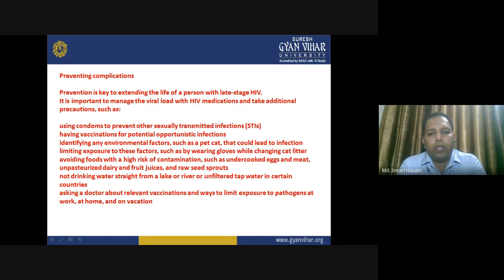With late stage HIV, it is important to manage the viral load with HIV medications and take additional precautions such as using condoms to prevent other STIs or STDs, having vaccinations for potential opportunistic infections, identifying any environmental factors such as a pet cat that could lead to infection, limiting exposure to these factors, such as by wearing gloves while changing cat litter, avoiding foods with a high risk of contamination, such as undercooked eggs and meat, unpasteurized dairy and fruit juices, and raw seed sprouts, not drinking water straight from a lake or a river or unfiltered tap in certain countries, especially developing or underdeveloped countries.